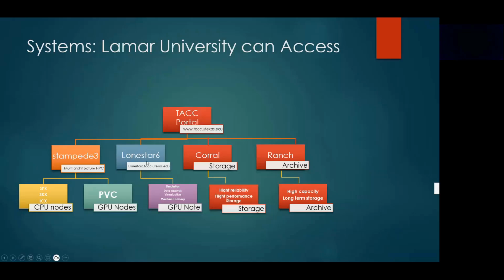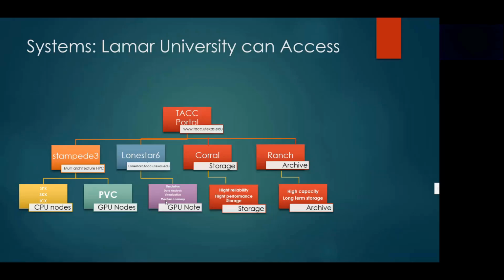Lone Star 6 is majorly for the GPU. The major work is simulation, data analysis, visualization, machine learning. But you know nowadays a lot of research projects use these kinds of resources.